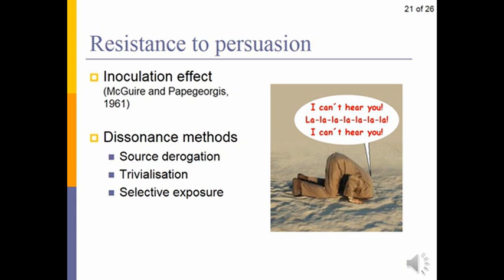Or they may try what they call source derogation, where they try to make the source of the message unconvincing. It's the shoot the messenger approach to avoiding persuasion. So you say to yourself, I don't have to listen to him, he's unrealistic, nobody could do the sort of things he wants me to do as a student.